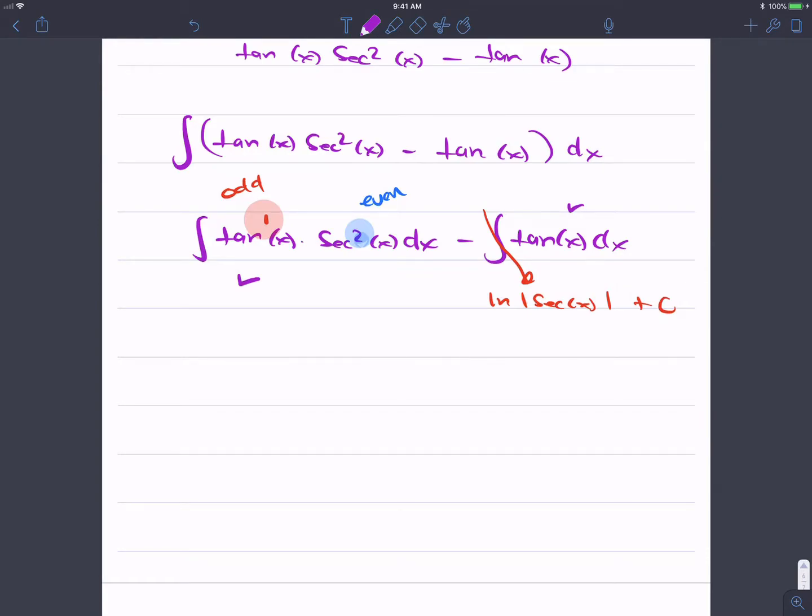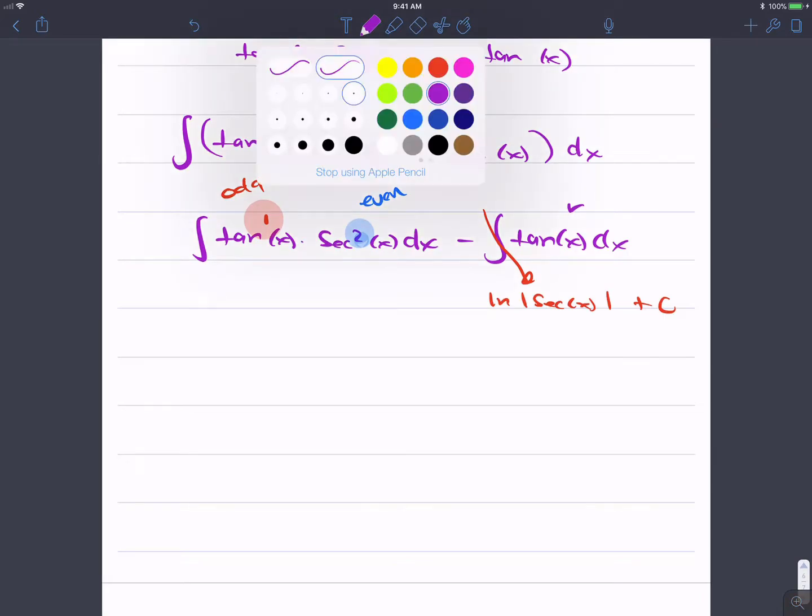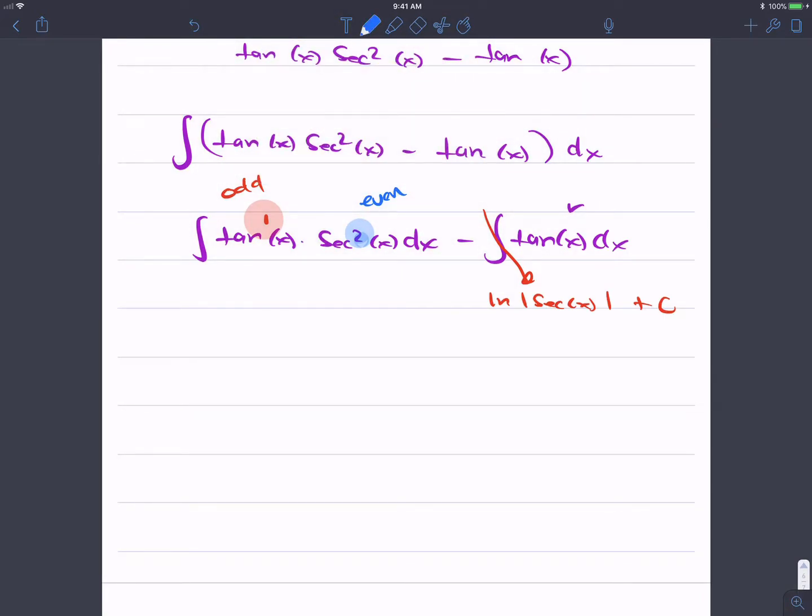But here, I want to point out, we did have a past video where you had even powers of secant. And I think at this point, I might say, why don't we try doing that? Let's let u be here. In this case, when you have an even power of secant, u becomes tangent.